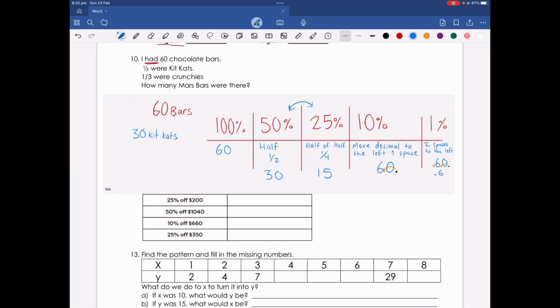Well, if we take 60, we could either do this times a third, or this is the exact same thing as 60 over 3. So 60 divided by 3 will give us a third. 3 goes into 6 twice, and there it is, 20. So a third of 60 is 20. So we had 20 Crunchies.